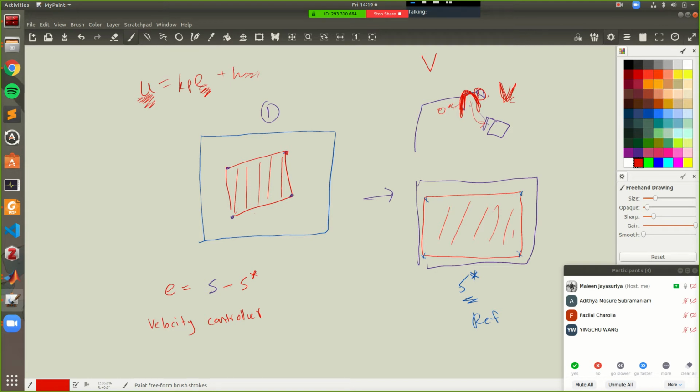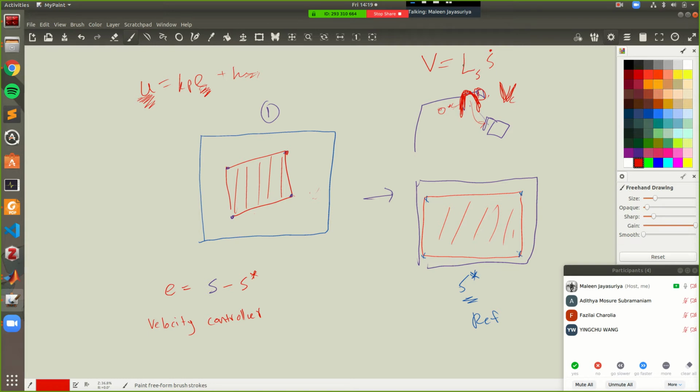They're going to start changing. As this is moving, your features are also going to change. So the relationship between this velocity and your features is given by this equation. S dot is basically the rate of change of your features. And there should be some sort of relationship between these two, and that relationship is mapped by this LS matrix.